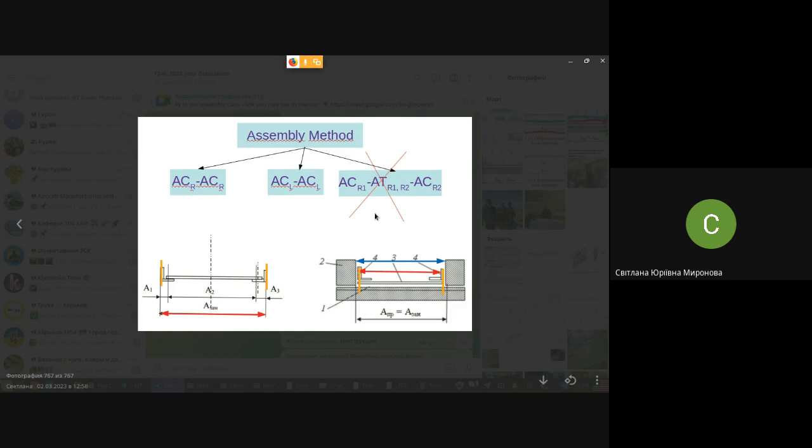In this classification by basis that you see here now, I hope you do remember, we separated all the possible methods into three groups. One of them is when we have an assembly component base and an assembly component, and both are real; we may touch the bases, we may align bases somehow.